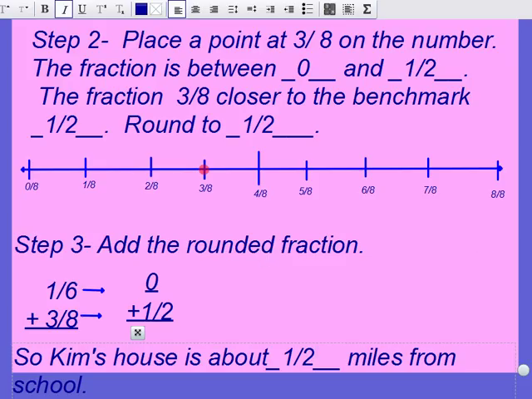I could figure that to be exact, but they just wanted me to round or estimate.